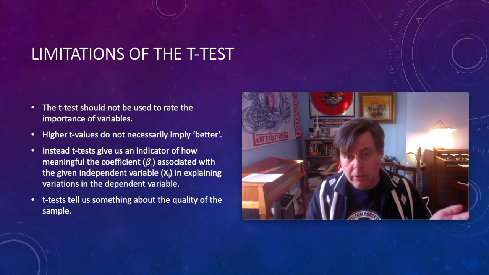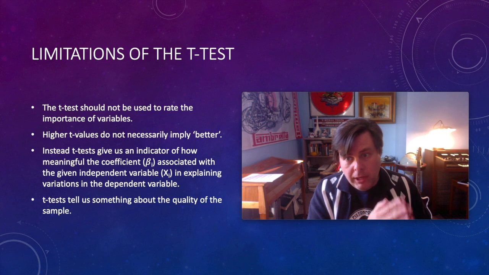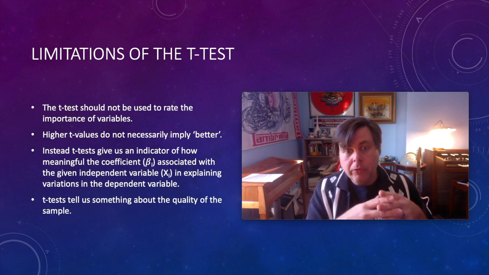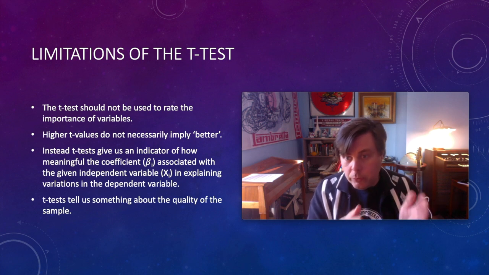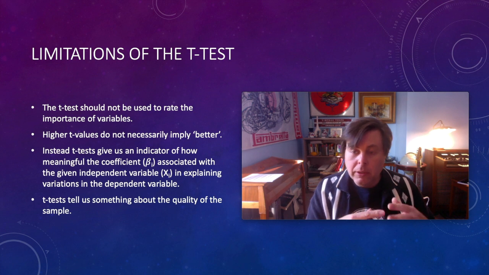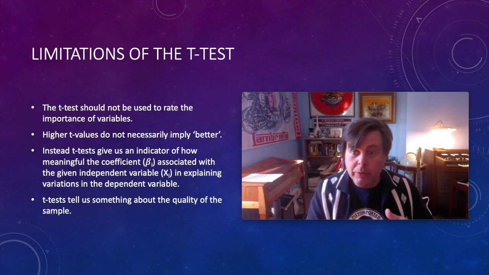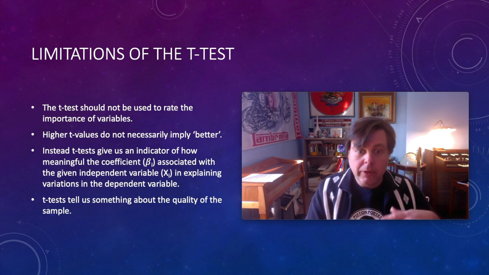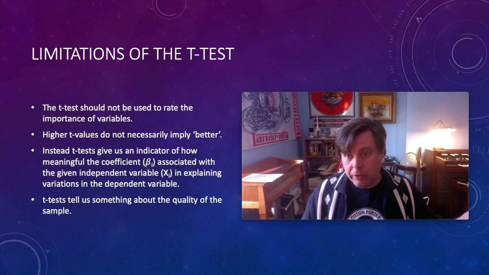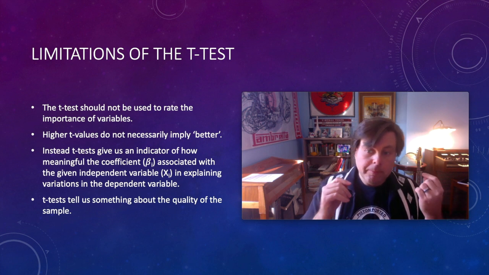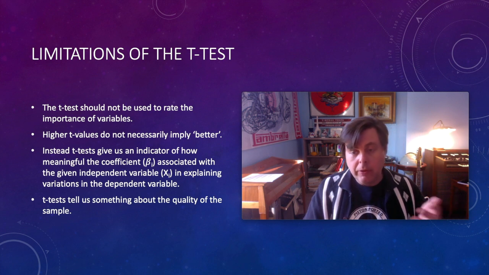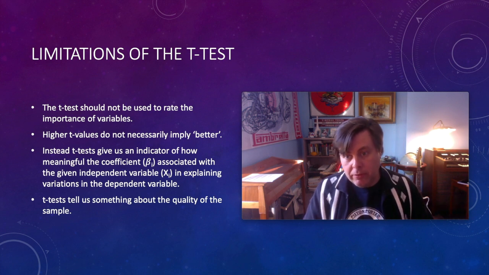So in this case, the t-test for this x variable, for x1, the t-test associated with the estimated beta value coefficient on this variable, is telling us something about the sampling of that variable, right? About the quality of the sampling of that variable, not about the nature of the variable itself.